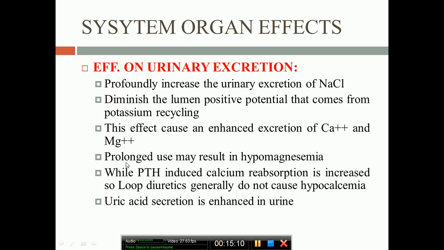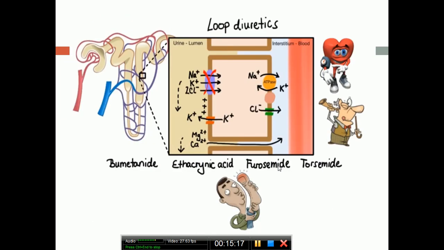Prolonged use: if you use it for a longer time, it may result in hypomagnesemia. Why? Simply because here magnesium was supposed to be reabsorbed, but due to the use of loop diuretic, this potassium recycling is disturbed. What is recycling? Potassium comes from the blood into this epithelial cell. Then there is a channel through which potassium goes out.